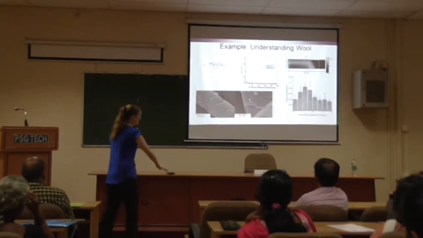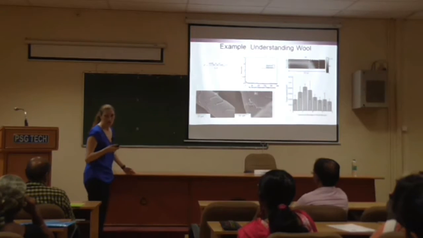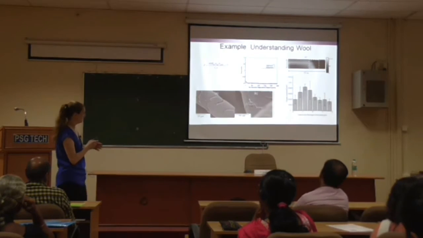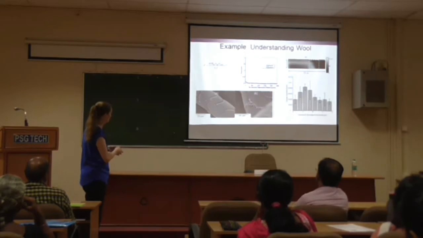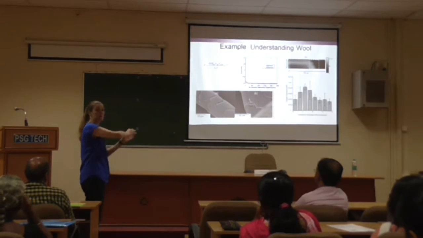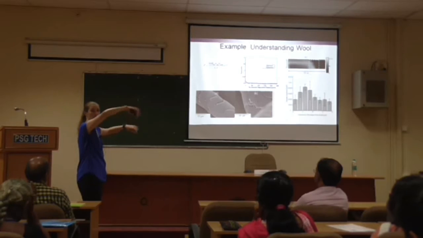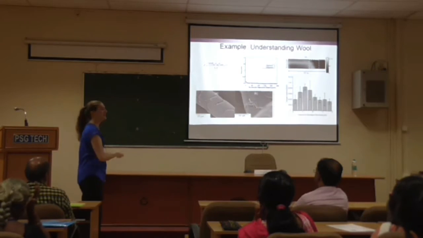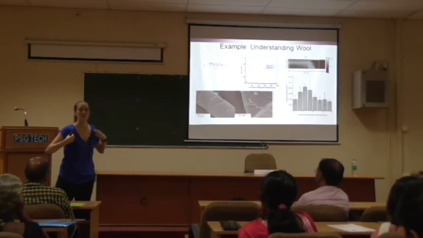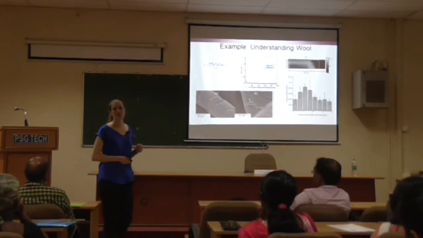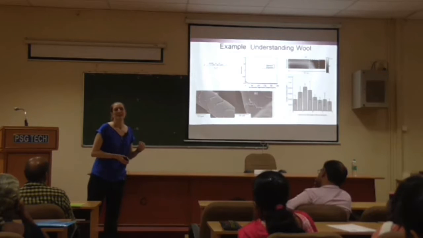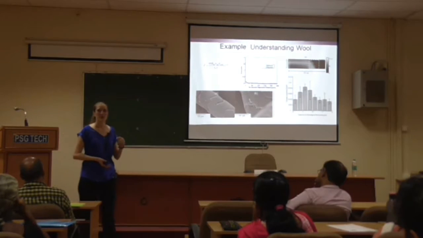What happens with your hair when you get split ends is these little wool or hair scales pull up, and then the whole assembly unwinds. In wool, if you ever have a sweater and you wash it in the washing machine at a hot temperature, and then you dry it at a hot temperature, what happens?